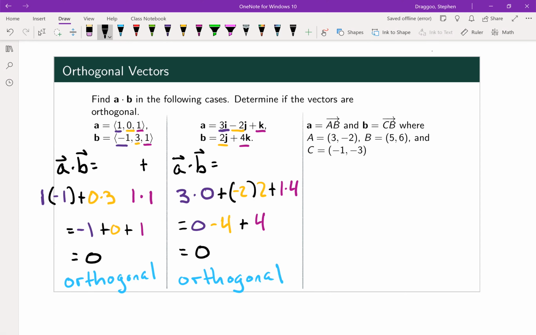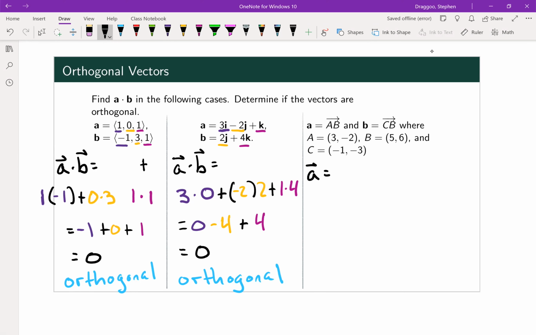Then with the third example, things get a bit more interesting because we're going to define A and B as directed line segments. They go from point A to point B for vector A and from point C to point B for vector B. So we'll start by just calculating what those pieces are. And also, this will be just a 2-dimensional dot product instead of a 3-dimensional dot product.